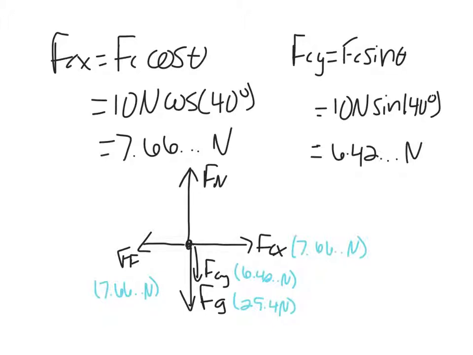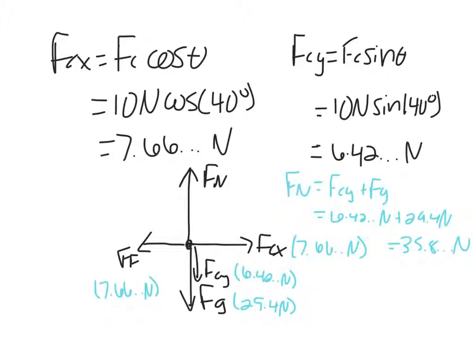Normal force is equal to the bottom two forces added together, so Fn will equal FCY plus Fg. This equals 6.42, keeps on going, newtons, plus 29.4 newtons. So therefore my normal force will equal 35.8, keeps on going, newtons.